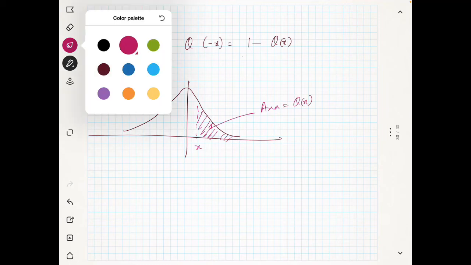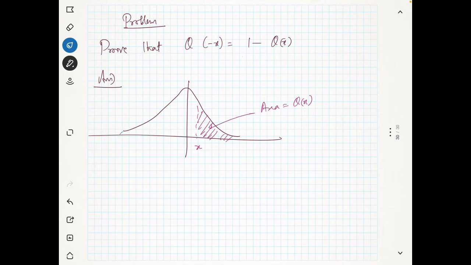And you know that the total area under the curve, because it is a Gaussian normal distribution, for any distribution the total area is equal to 1, right? Now you want to find what is Q of minus x.